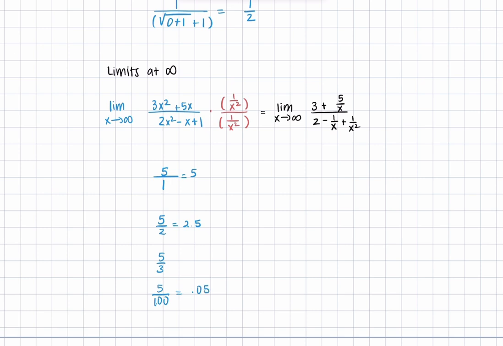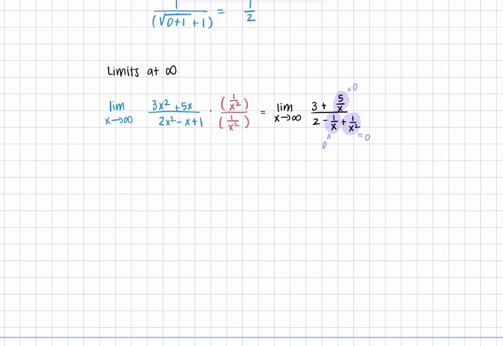So this would be 0.05. As the denominator gets bigger, our value gets smaller and smaller. So it's trying to approach 0.